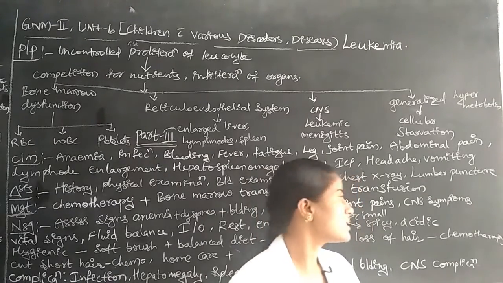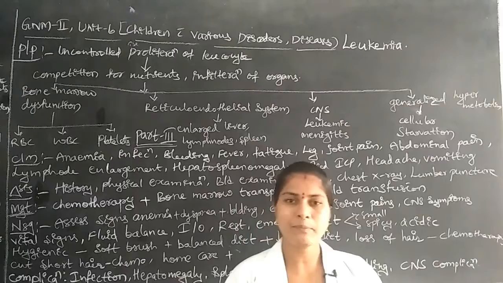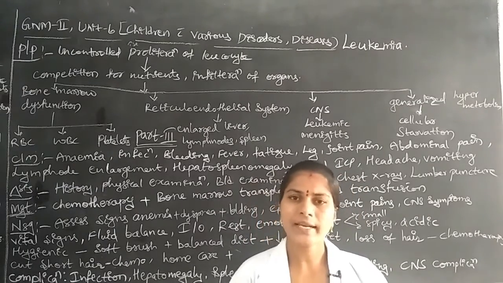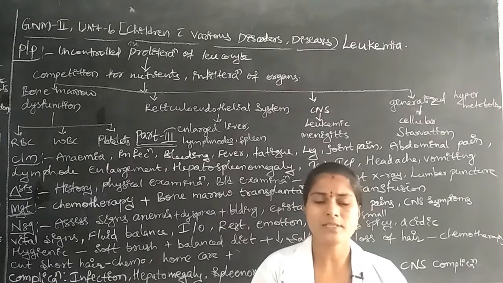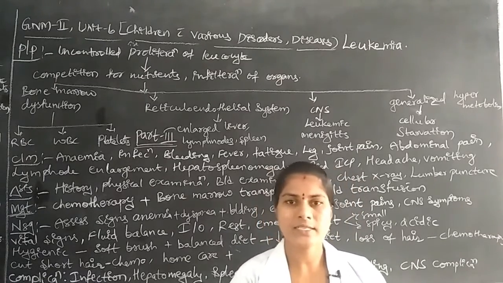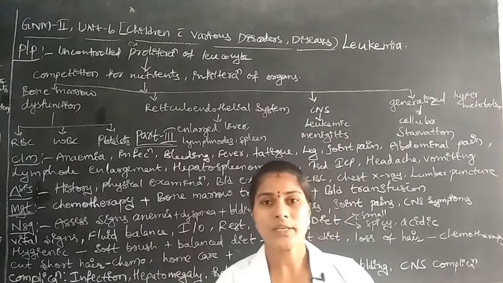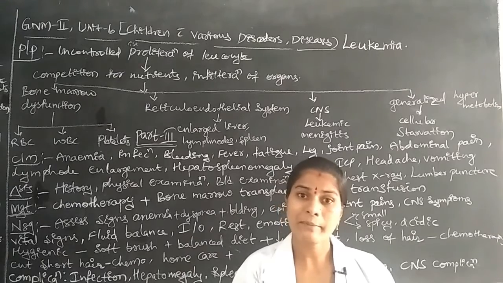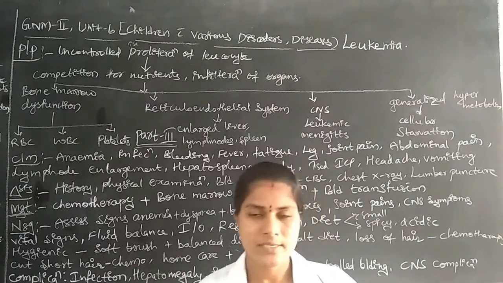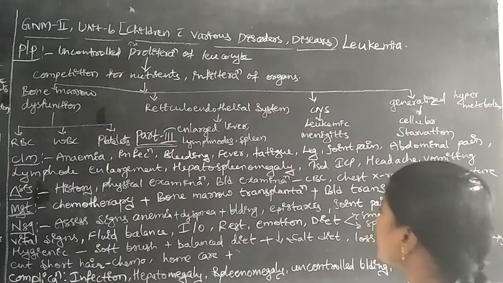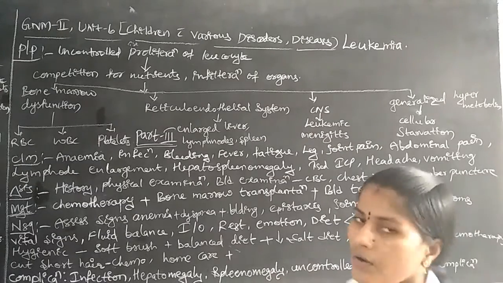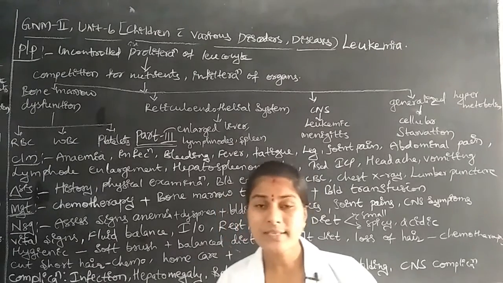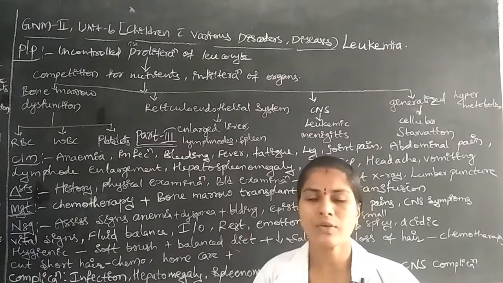Due to that, the children have headache and vomiting. Headache and vomiting are the common symptoms if the children are affected by lymphatic meningitis leukemia, or leukemic meningitis. And other common symptoms are malaise and pain. This is regarding the clinical manifestations of leukemia.